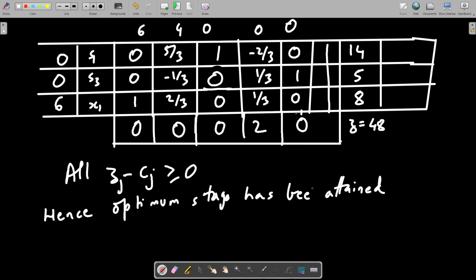Optimum stage has been attained, and x1 is equal to 8, x2 is 0. Okay, x1 is equal to 8 and x2 is equal to 0. Okay, so this is the solution.